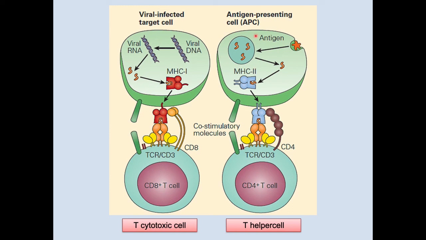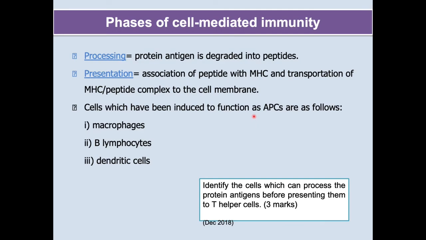Same goes for the APC. It will degrade the antigens from the outside, for example an exotoxin entering a phagocyte. Then it will process the antigen, degrade it into small peptides, and the small peptides will be presented on the surface. So that is called processing.